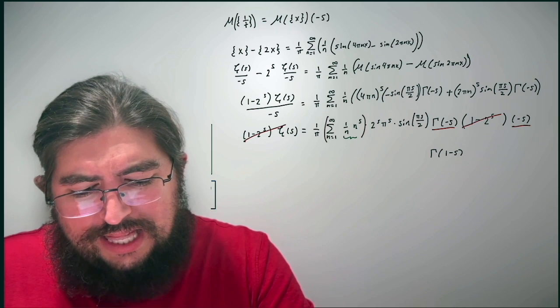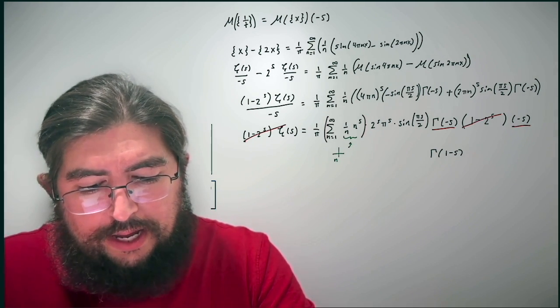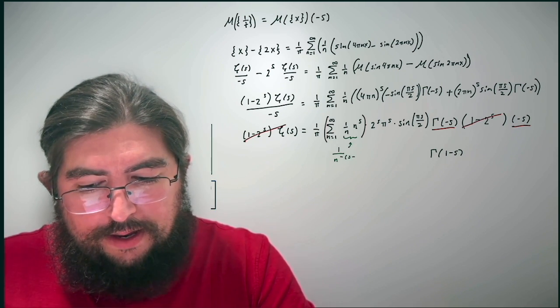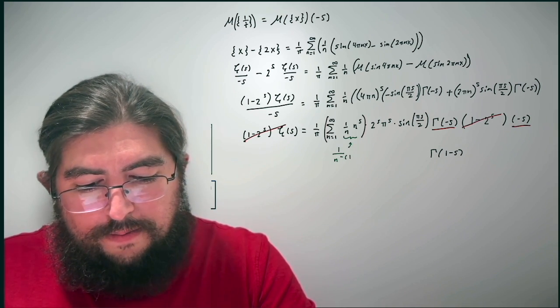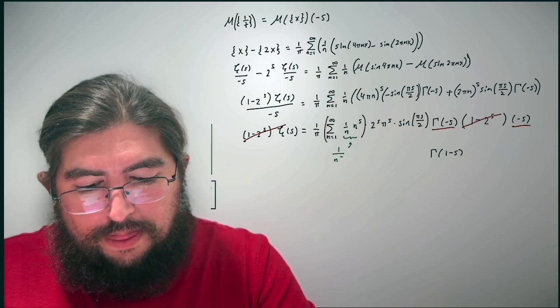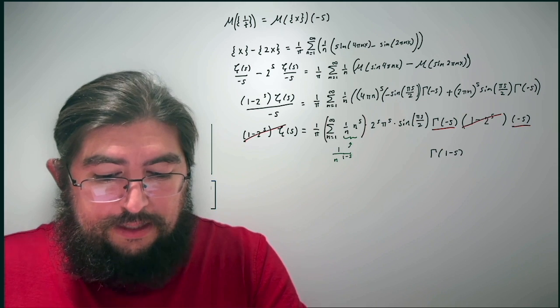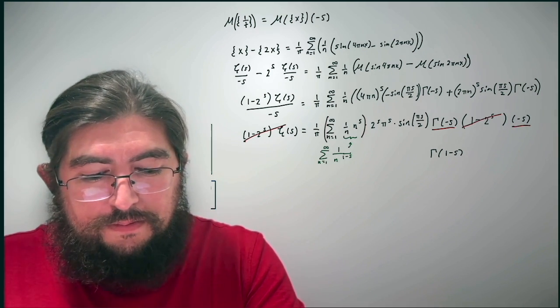But n to the s minus 1 is the same thing as 1 over n to the negative 1 minus s. Just like that. So in fact, this is the Riemann Zeta function evaluated at 1 minus s.